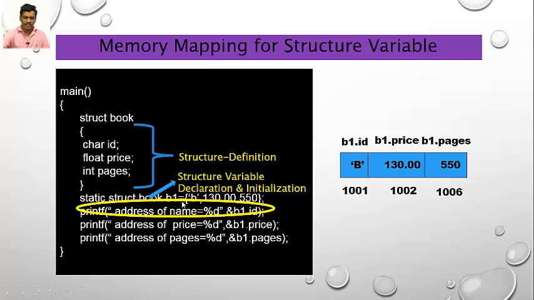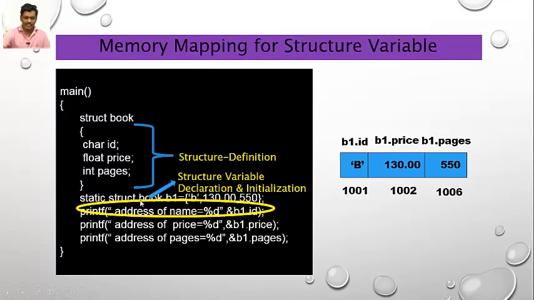That is, static struct book b1 = {'b', 130.00, 550}. This is the structure declaration and initialization.